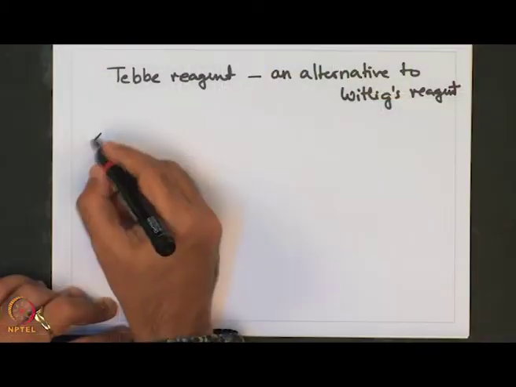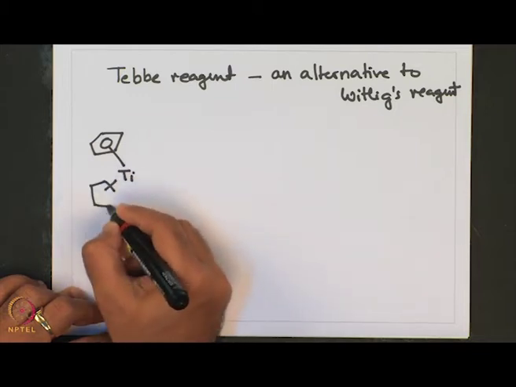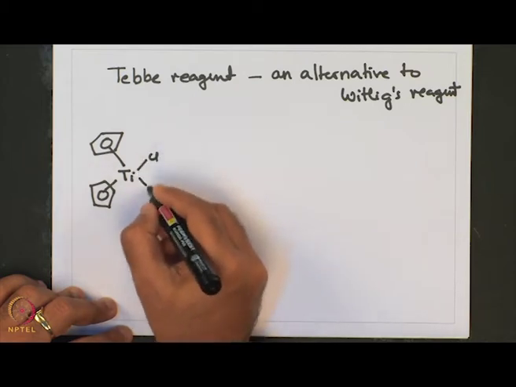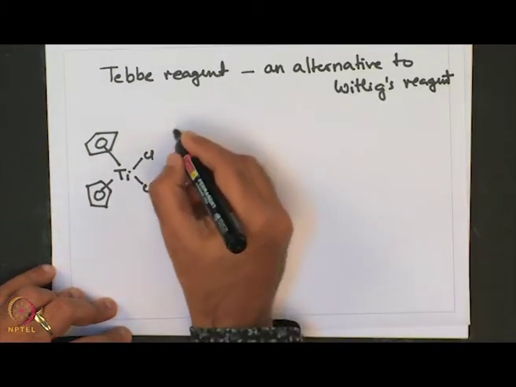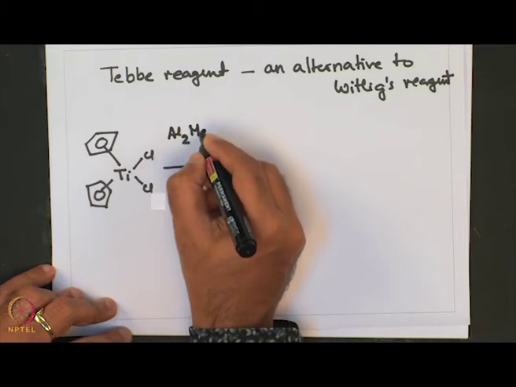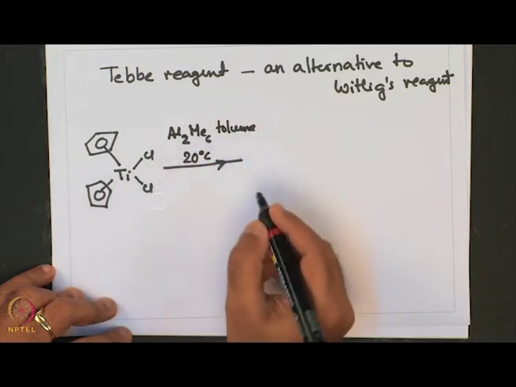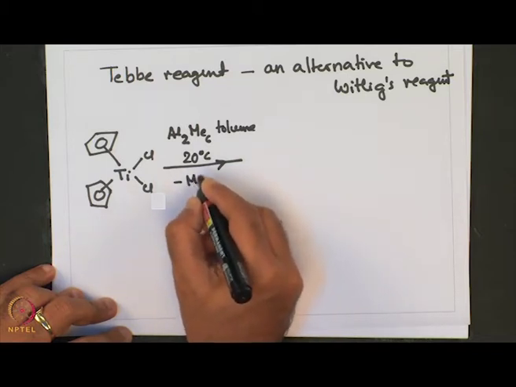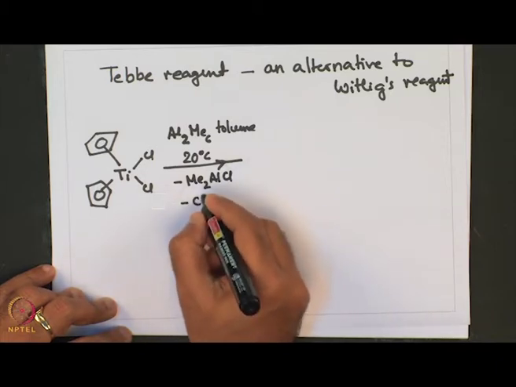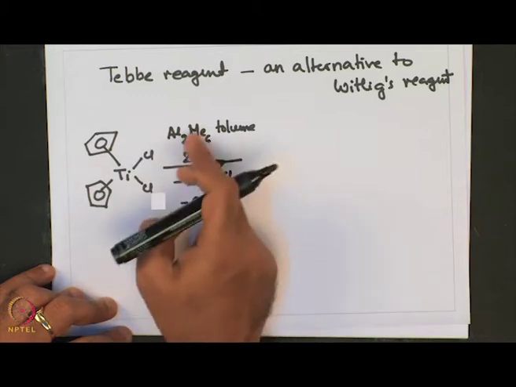For example, the reaction of Cp2 titanium dichloride with trimethyl aluminum in toluene at 20 degrees centigrade leads to elimination of dimethyl aluminum chloride and methane, which happens by alkylation of one of the methyl, which is CH3 from the trimethyl aluminum.